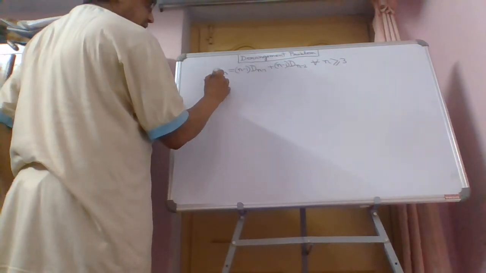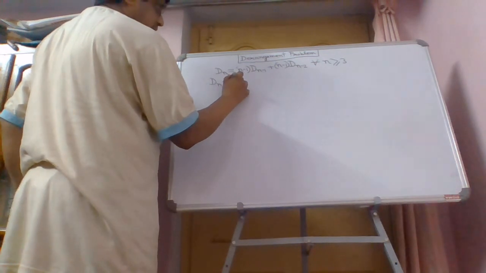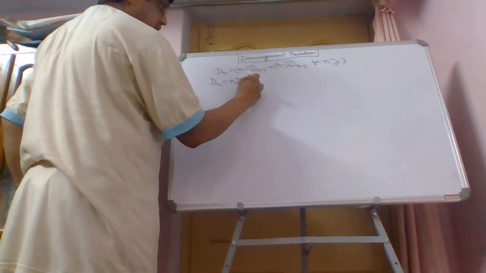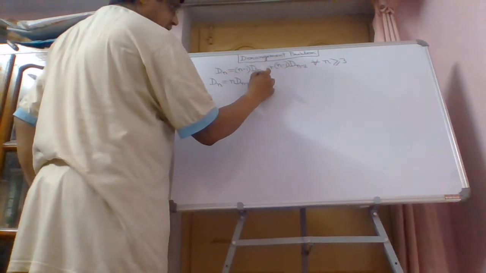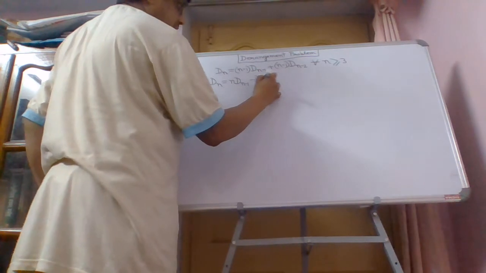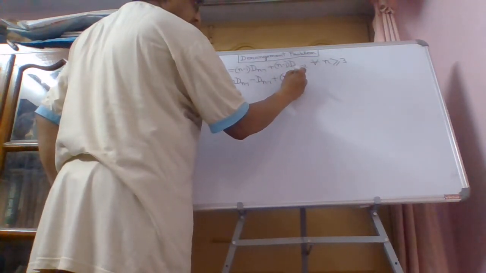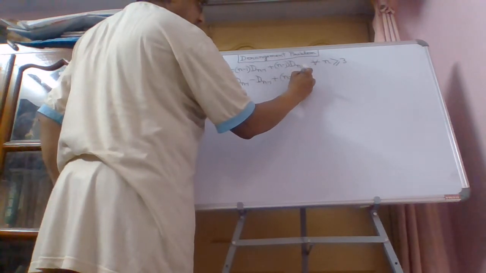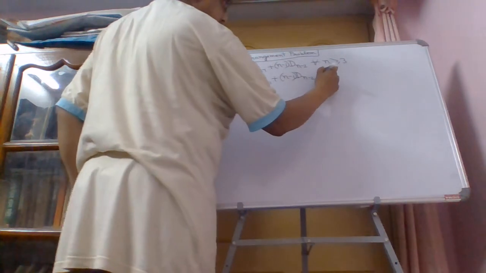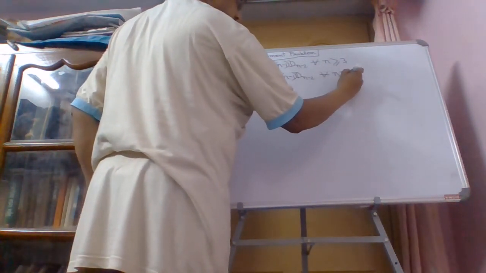Therefore, we can write dn is equal to n into dn minus 1 minus dn minus 1 plus n minus 1 into dn minus 2 for all n greater or equal to 3.